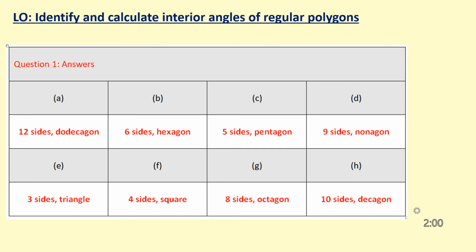So here we are, sides and names. Well done if you smashed that. Make any corrections we need with our green pens. Write your score neatly underneath the questions, how many you got out of 8. And press play when you're ready to move on.